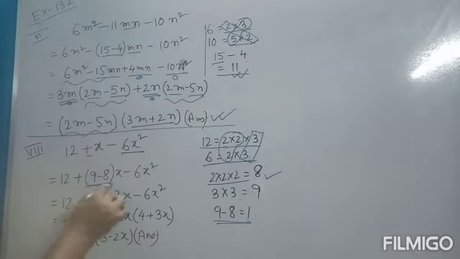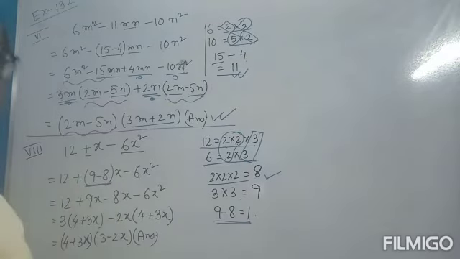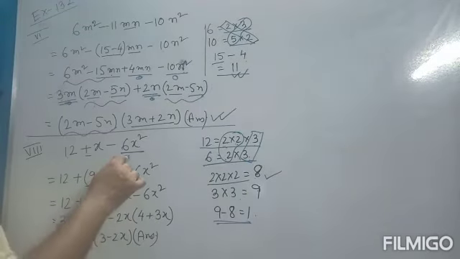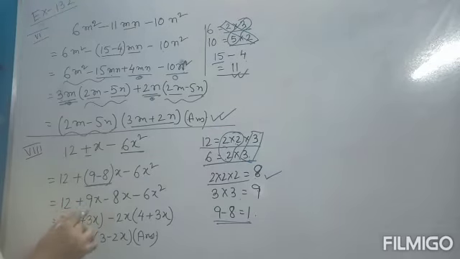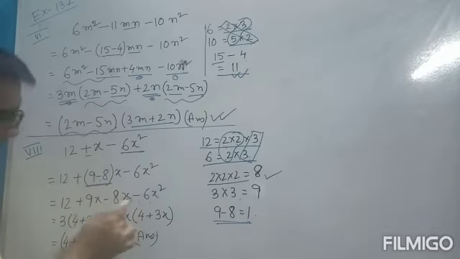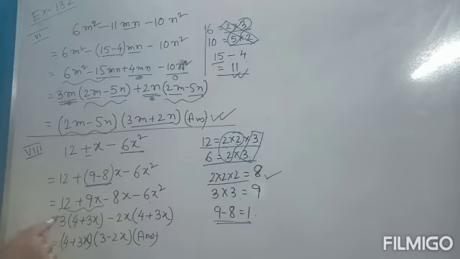This is written as 9 minus 8, that is 1, and minus 6x square. It's okay. Therefore 12 plus 9x minus 8x, this is plus sign, so it is plus, this minus sign, so it is minus 6x square. Now from these two, which is the common term?